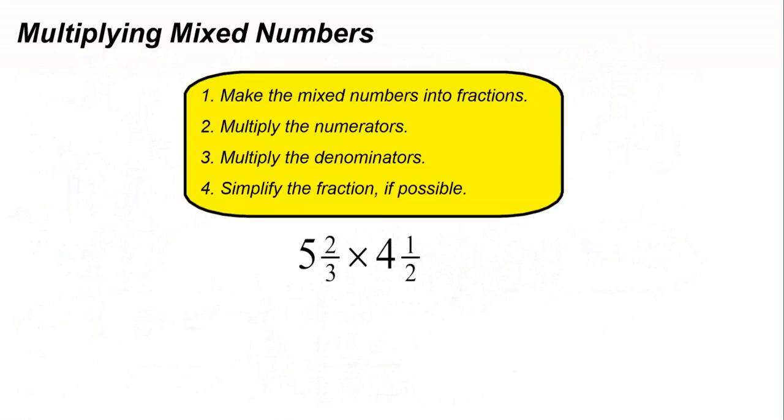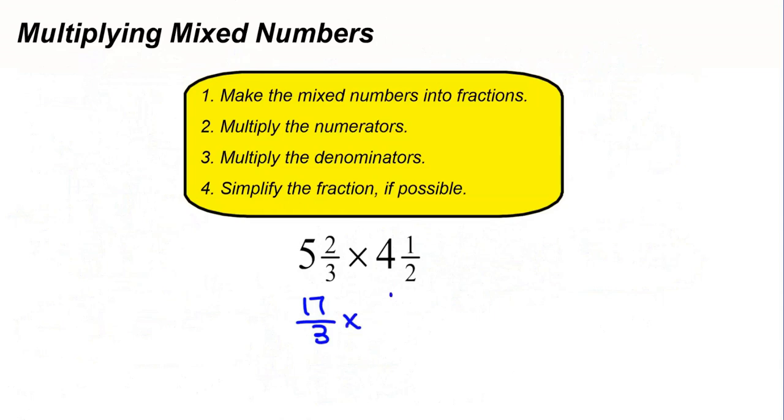Next, multiplying mixed numbers. How do we multiply mixed numbers? Lots of ways to multiply mixed numbers, but I think the most straightforward way to do it is to do what we've always been doing with these mixed numbers, which is to change them into fractions and then multiply them like fractions. Top times top, bottom times bottom, and then simplify. So the example here, 5 2/3 times 4 1/2. These written as fractions, 5 2/3 is 17/3.